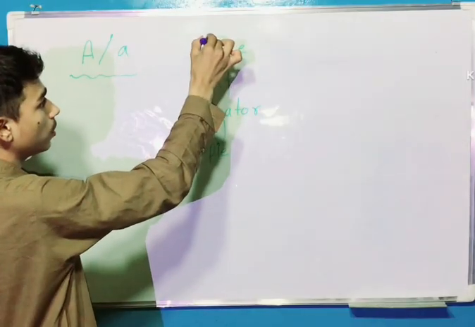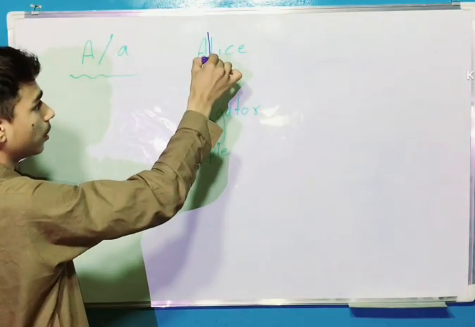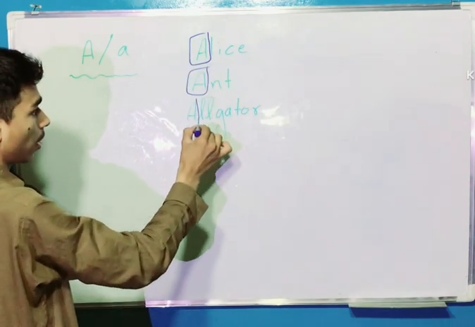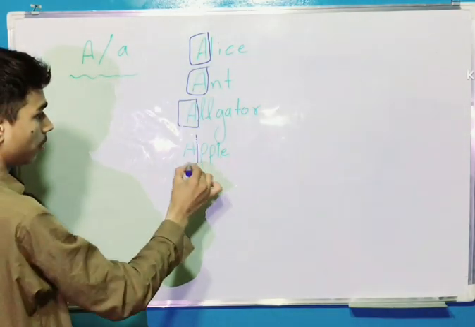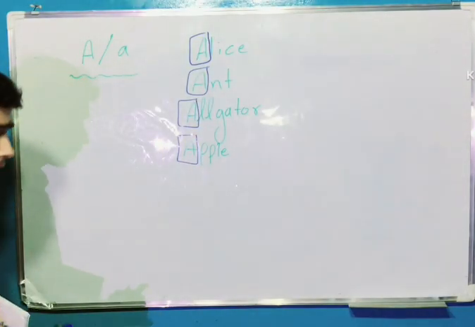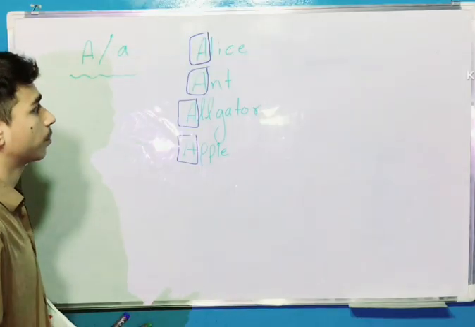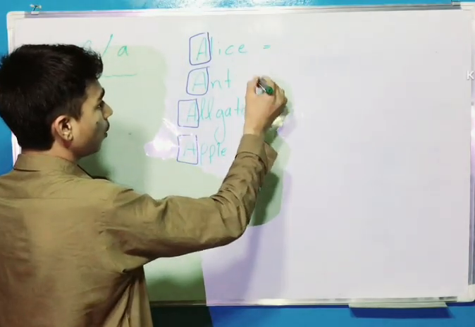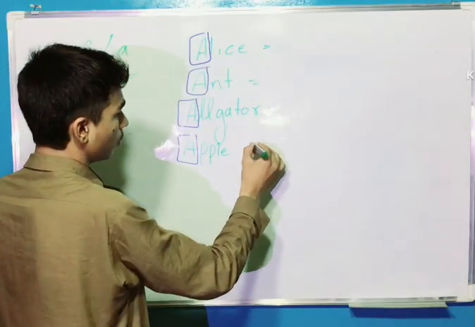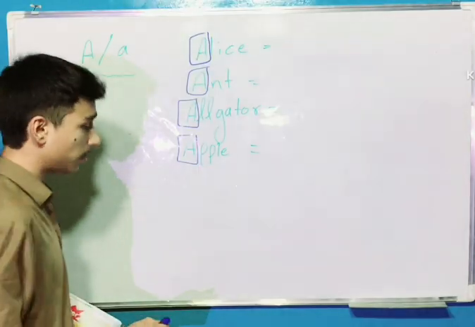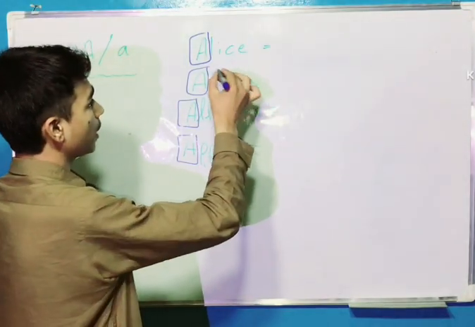Alice, in the Alice word, we have the A letter, and ant is that, alligator is that, and apple is that. So, what's the meaning of this word? Alligator, and Alice, ant, and apple. What meaning is that? The first, Alice.